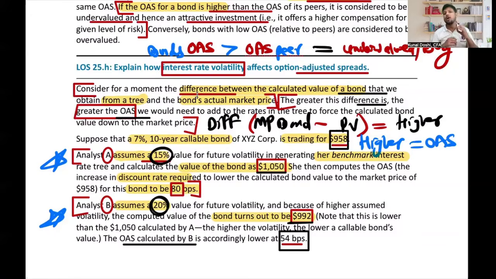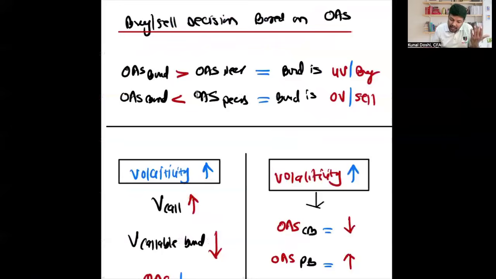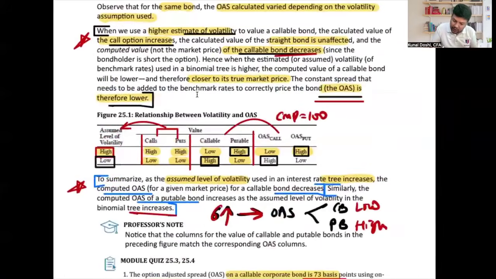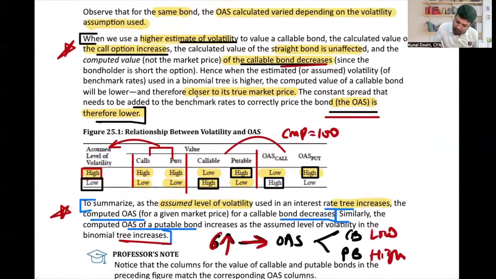Correct? But when the call option value increases, the value of the callable bond goes down. So the price of the callable bond decreases, hence with the higher estimated volatility, the computed value of the callable bond is more close to the market price.